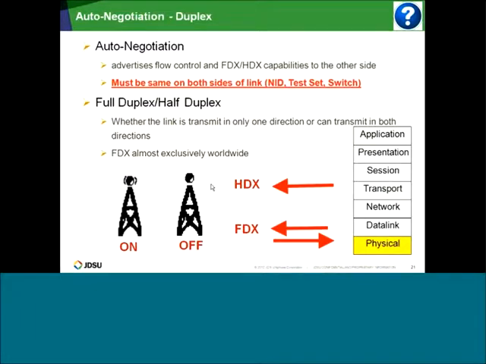That's when you get errors. Sometimes if one end is set up as auto negotiation and the other end is set up as fixed, it can end up being that one side is half duplex. That's actually a bad thing, so it's very important to verify the auto negotiation. They have to both match.